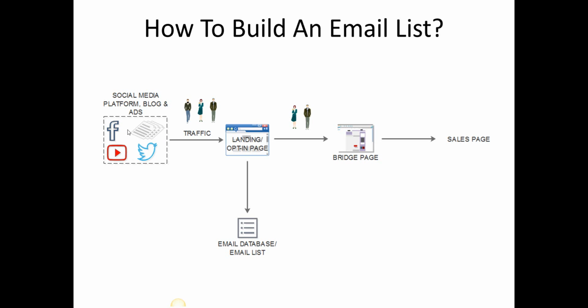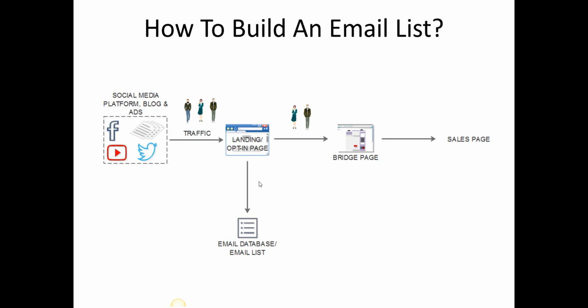Once the content or ad that contains your affiliate link is clicked, they will land on your landing page, also known as an opt-in page or capture page. Now it's up to you to make sure they give you their contact information, such as name and email address.